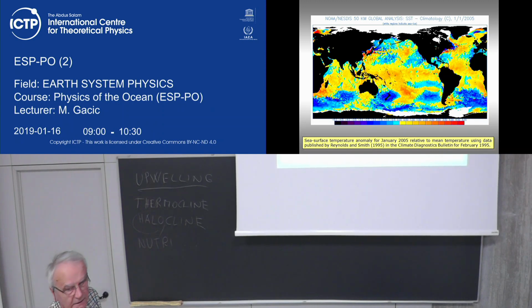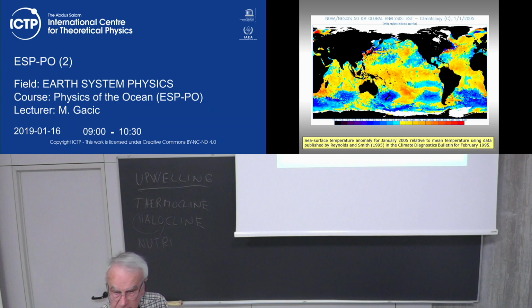We can learn a lot by looking at these graphs, not only about the climate, but also about what is happening in the ocean. Why is it, for example, that in this specific year the equatorial area is warmer than the rest of the climatological mean?